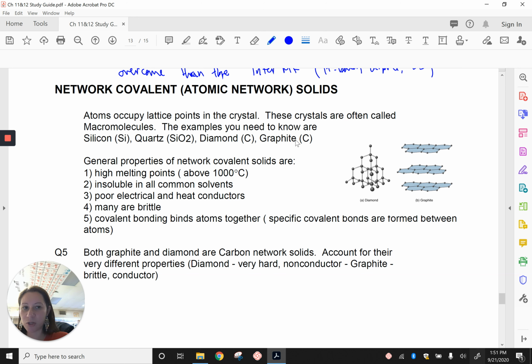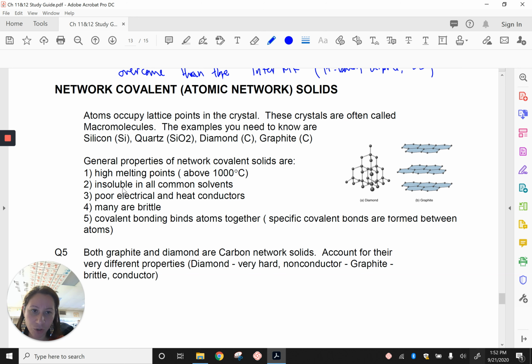So these crystals are often called macromolecules because you have these huge molecules in SiO2 or a huge number of atoms in either diamond, graphite, or silicon that are bonded together with an actual covalent bond, which is not something that we normally see.